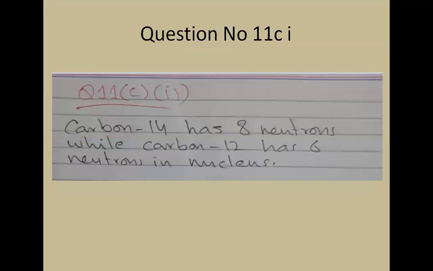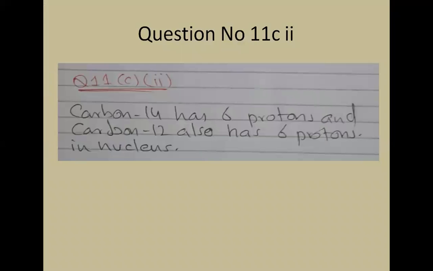Let me show you my answer first of all. Carbon 14 has 8 neutrons, while carbon 12 has 6 neutrons in the nucleus. So carbon 14 will have 2 more neutrons in the nucleus as compared to carbon 12. Carbon 14 has 6 protons, and carbon 12 also has 6 protons in the nucleus. That's the similarity between them.